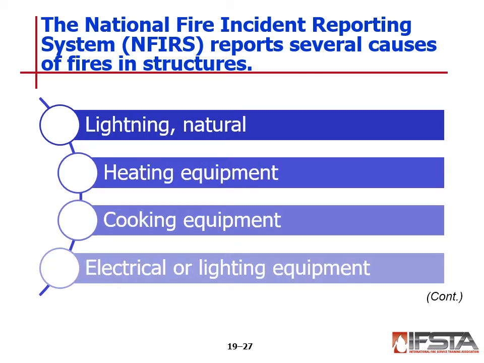Lightning or other natural causes. Heating equipment, cooking equipment, and one that jumps out every Thanksgiving is the use of deep fat fryers for turkeys, done unsafely. That can cause a major fire. And then faults in electrical or lighting equipment.